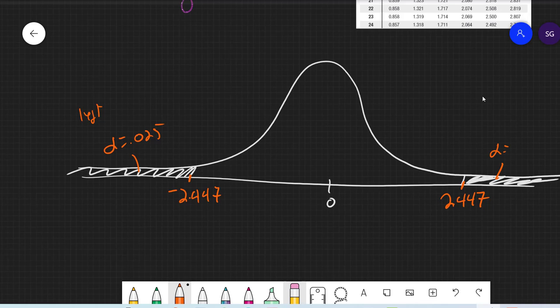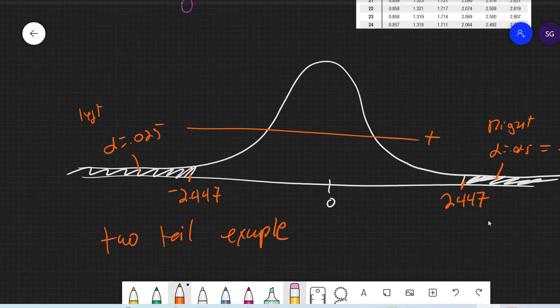This is alpha equals 0.025 to the right of my stat. And if I add them together, I will have alpha equals 0.05, right? This is a two-tail example.